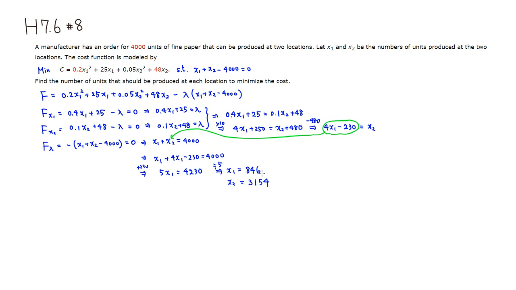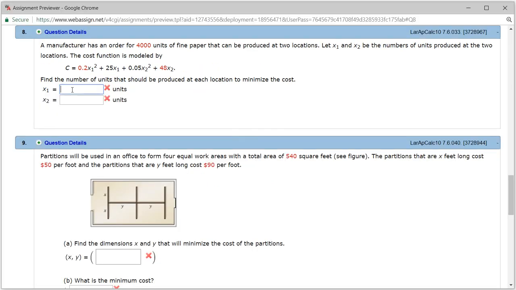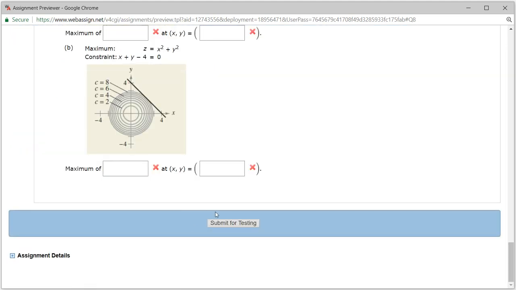So those are the values. So let's plug it in. We found x1 to be 846 units and x2 to be 3,154 units. All right, let's check the answer.